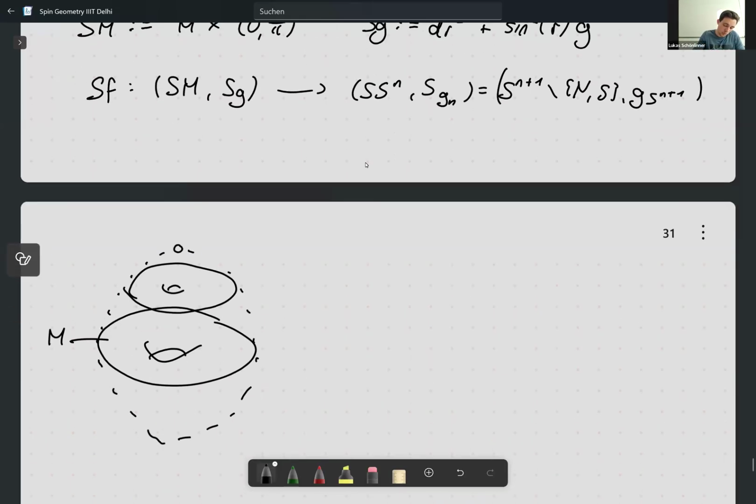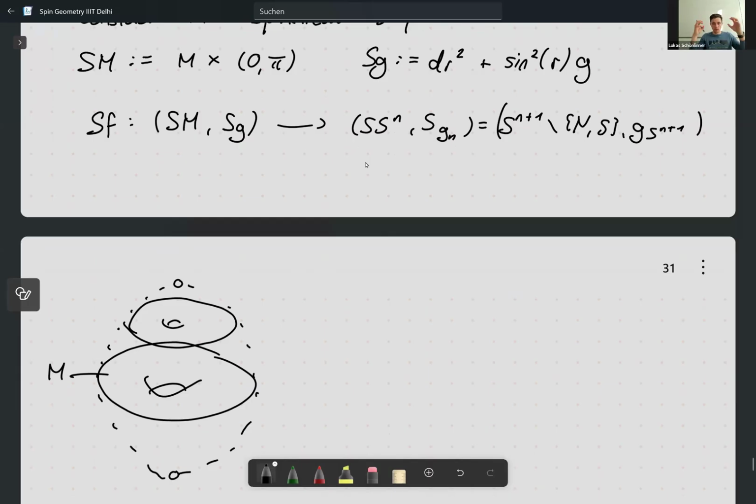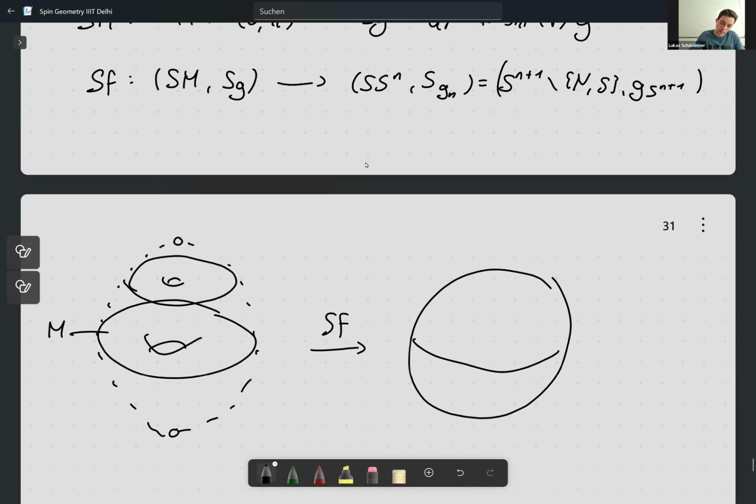And in the north and south pole, this all will collapse into a point, which we remove so that it's still a non-compact manifold. And on the other side, we just get the n+1 sphere.